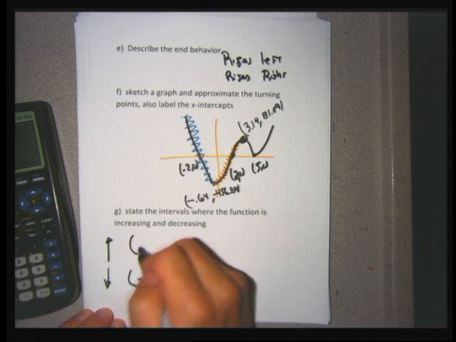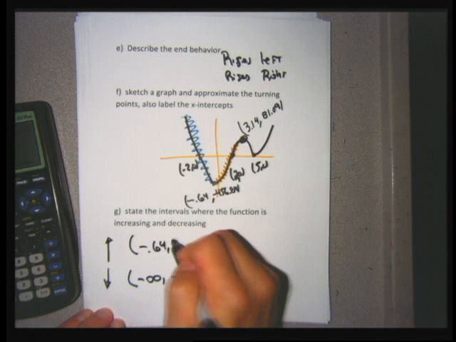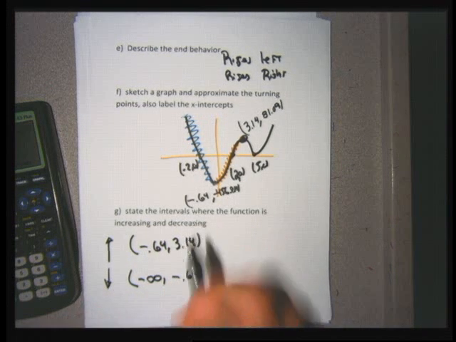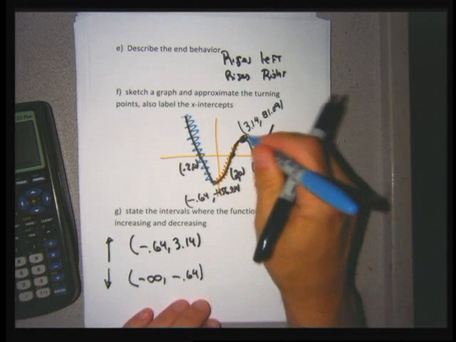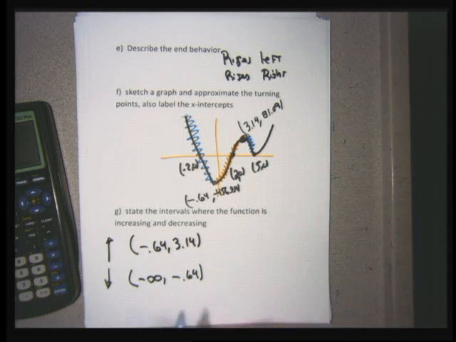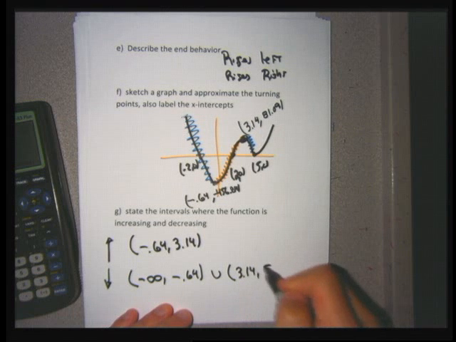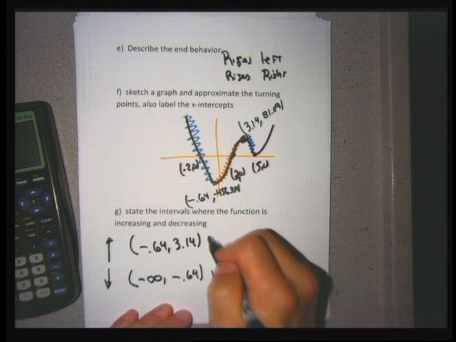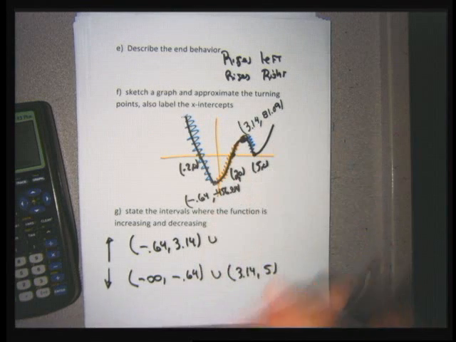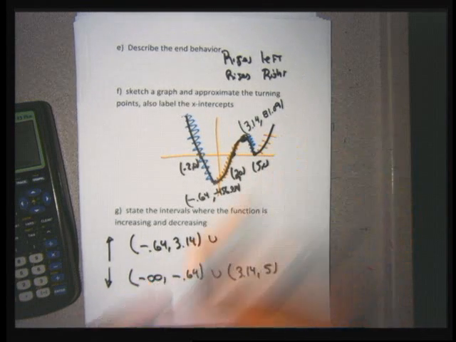So it's going to be from negative 0.64 to 3.14. The graph turns around again from 3.14 to 5 and decreases. And then lastly, from 5 to infinity, the graph is increasing.